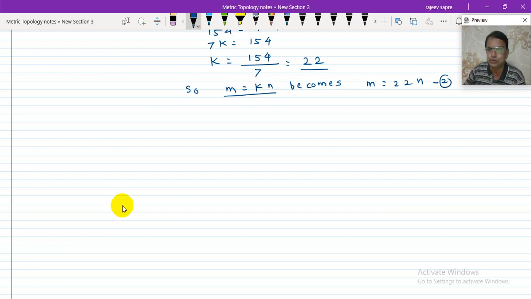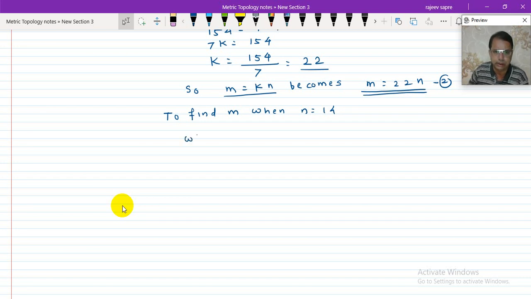Now we have to use 2 for further calculations. Then what have they asked you? Find the value of m when n is 14. So to find m when n is 14, in this relation m is equal to 22n, this is our reference now. In this you put n as 14.